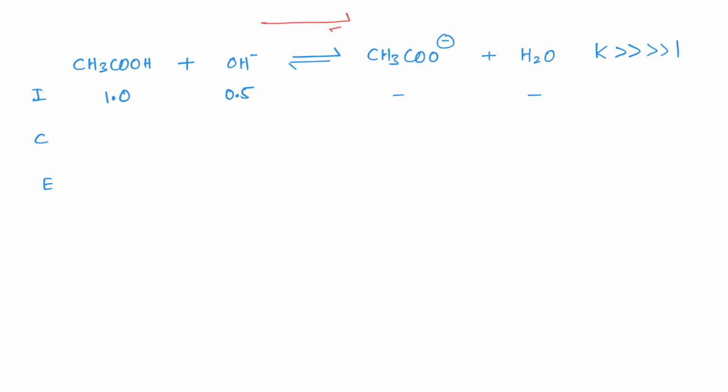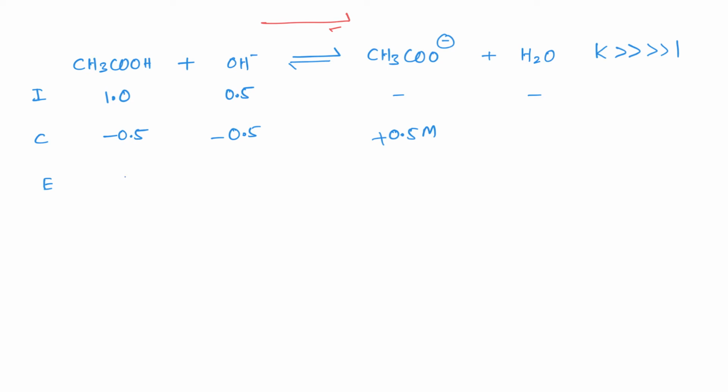Since acetic acid and OH minus react in a 1:1 ratio, OH minus is the limiting reactant and it would be completely consumed. Therefore, the change for acetic acid is half a molar, for hydroxide ion is also half a molar, and half a molar acetate ion is formed, and water we do not have to worry about.